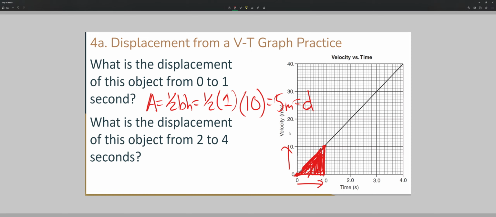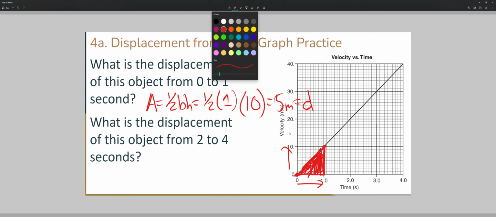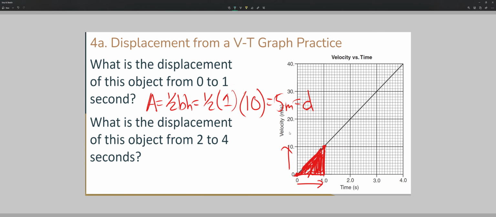Then we take a look at the second question. What is the displacement of this object from 2 to 4 seconds? You're doing the same exact thing. Let me use a different color. Except going from 2 to 4 seconds, there isn't really a formula for the area of this entire shape.